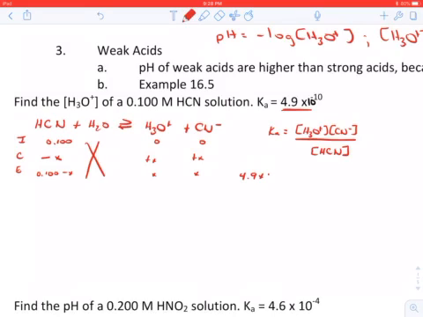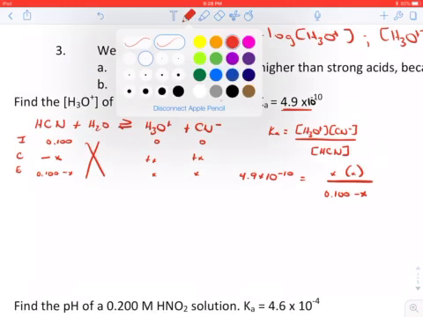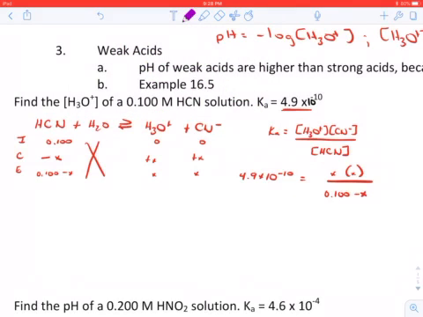Over here we've got 4.9 times 10 to the negative 10 is equal to X times X over 0.100 minus X. At this point, this is where we can ignore the small X in the denominator, which is going to leave us with X squared over 0.1 equals 4.9 times 10 to the negative 10th.